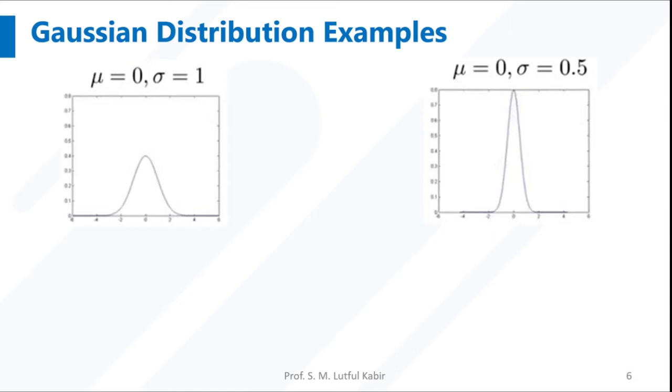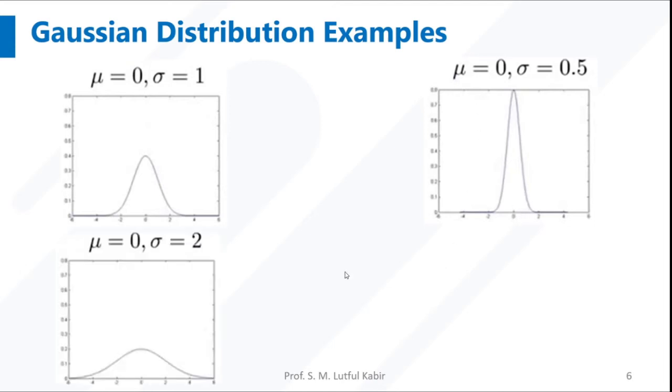So the maximum will increase where the width is reduced, and the center position remains the same because mu equal to 0. Let us see another example where sigma equal to 2. It means it will be flatter. You see the tip has reduced but the width has increased, because sigma equal to 2, and mu equal to 0 means its mean is at 0.